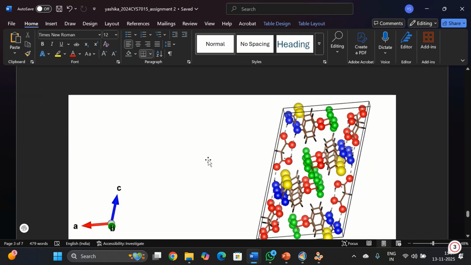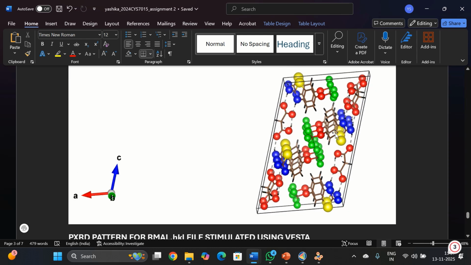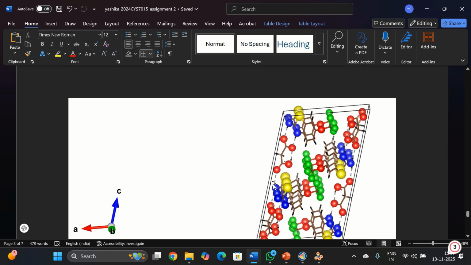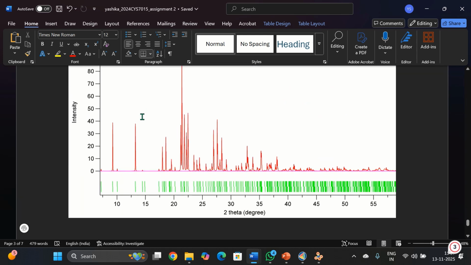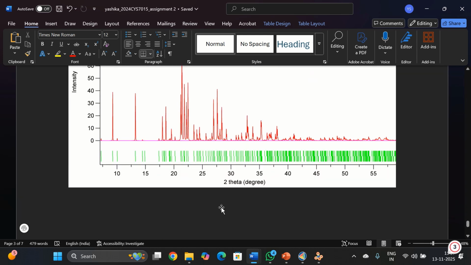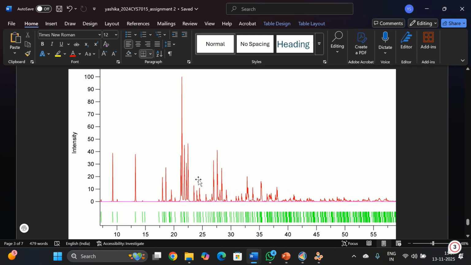And this is the unit cell structure. You can see the symmetry, the benzene ring beside, and a benzene ring behind another benzene ring. So this is the unit cell simulated using Vesta for rmal. And this is the powder XRD data that should appear for the compound having this molecular formula. The peaks should appear at these 2 theta values.